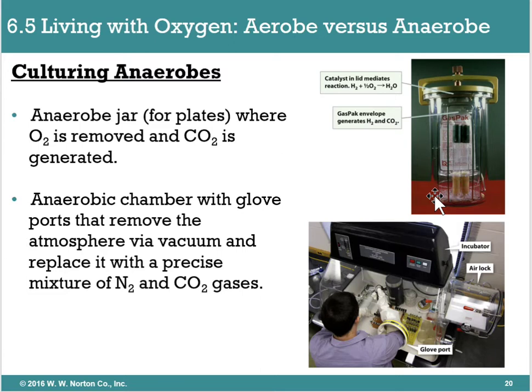With the jar or the pouch, they remove oxygen, and then CO2 can be generated for these microbes so they can grow. There is mainly one bacterium we're going to deal with that prefers an anaerobic environment. That's Clostridium. He's the main one that prefers the anaerobic environment.